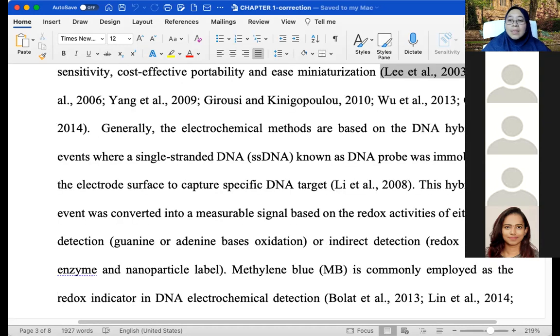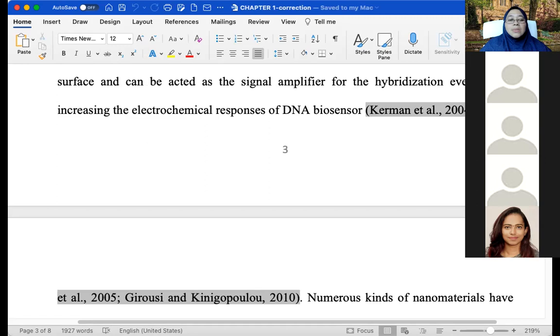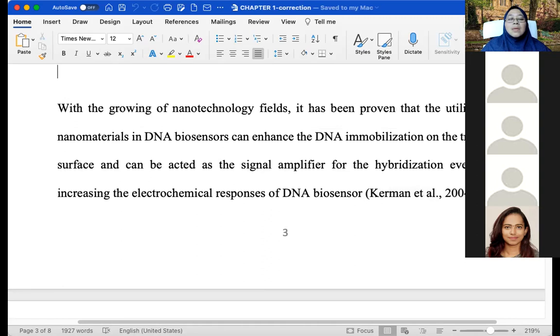Again, it's not too much because you're going to do a comprehensive one in chapter 2, which is the literature review. And he's using nanomaterial to increase sensitivity for the biosensor, so that's why you can see that he wrote about nanomaterial as well.